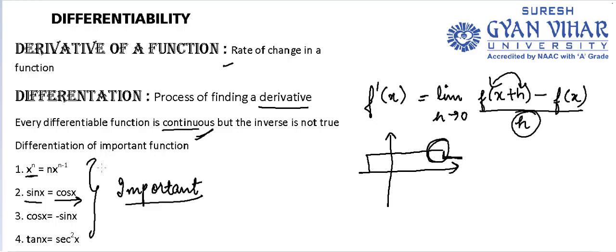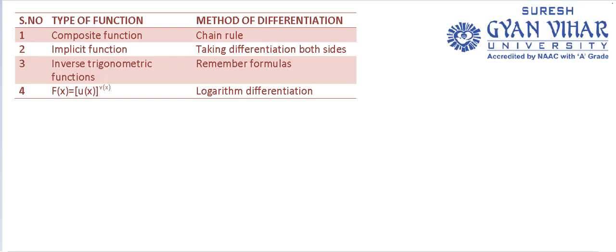Now we'll move forward and see how we are going to differentiate a particular type of function. We must first know what type of function it is, and then we'll see how we can solve the differentiation of that type of function. Here we have certain types of functions and the method we are going to use for the differentiation of those functions. This is a summarized table of which method to use for what type of function.